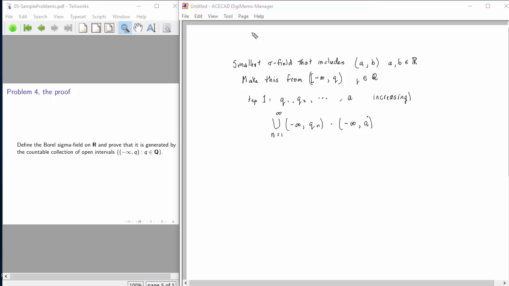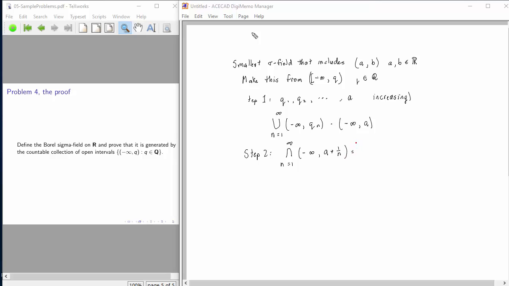It's still an open interval though, and I'm going to need a closed interval for reasons that will become apparent in a moment. So as my next step, I form an infinite intersection from n equals 1 to infinity of intervals of the form that I now know how to make that have a real value a plus 1 over n as the right endpoint.